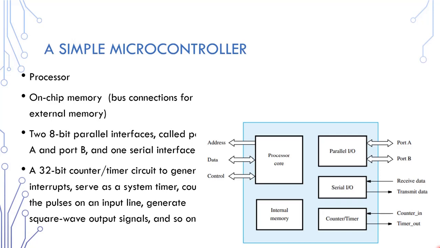There are two 8-bit parallel interfaces which we call port A and port B. One serial interface. The microcontroller also contains a 32-bit counter or timer which can be used to generate internal interrupts at programmed time intervals to serve as a system timer, to count the pulses of the input line, to generate square wave outputs and many other functions.